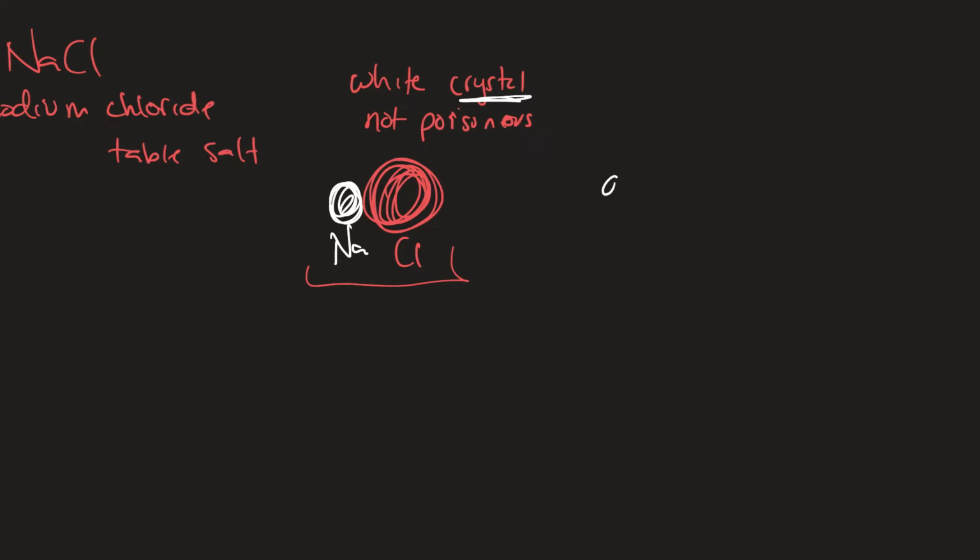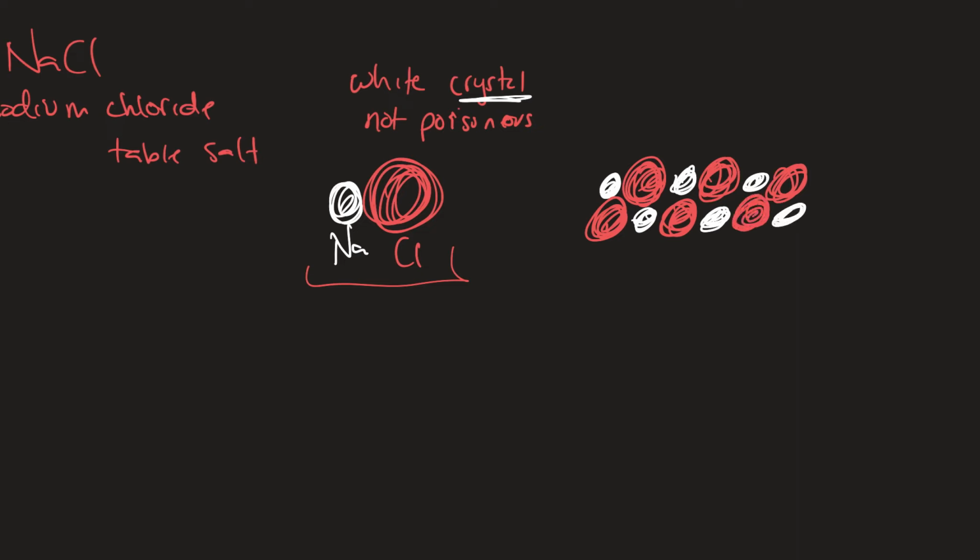What you'll see is something that looks like you have sodium and chlorine, all bonded together in a structure like this, which, as I said, is repeated, where the anions are always touching the cations in this formation.